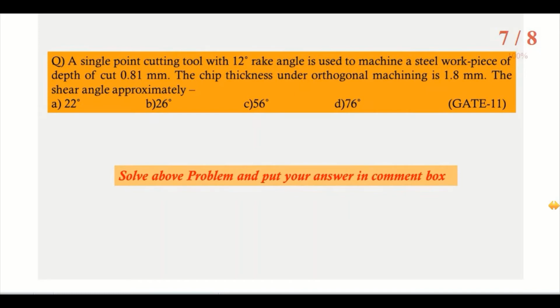The shear angle approximately, you have to find out. This question was asked in GATE 2011 for 2 marks. So solve this problem and put your answers in the comment box.